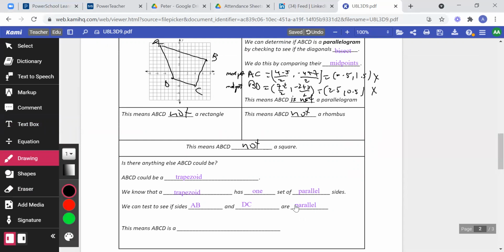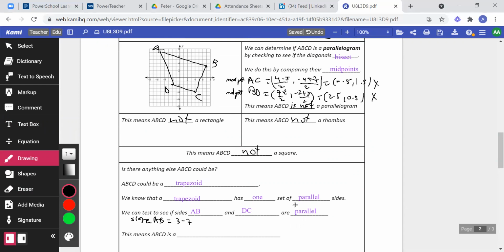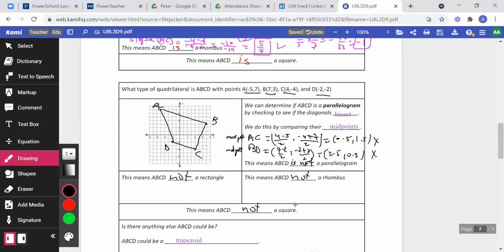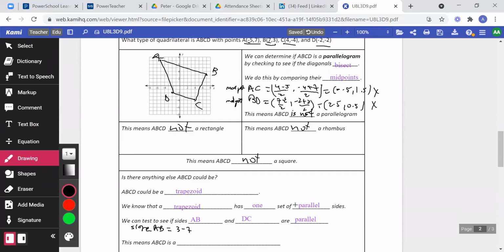Let's quickly look at the slopes. The slope of AB: we have 3 minus 7 over 7 minus 5, wait, minus 5, which is 7 plus 5.